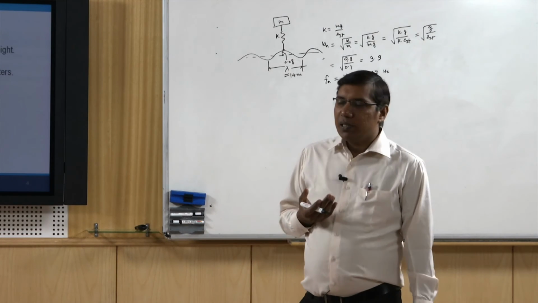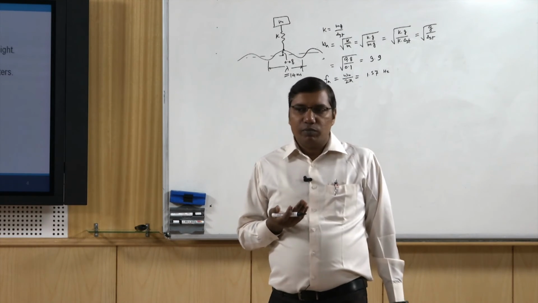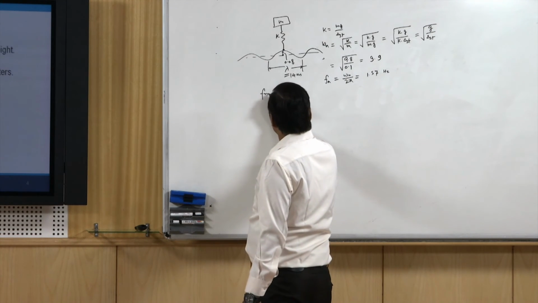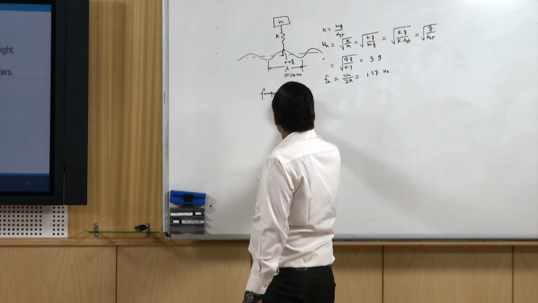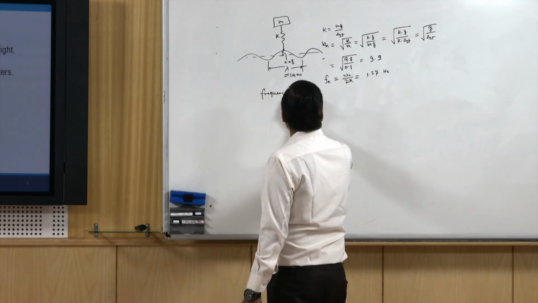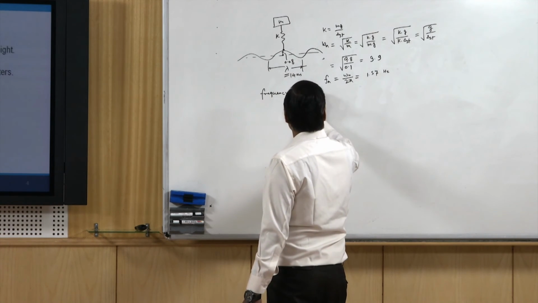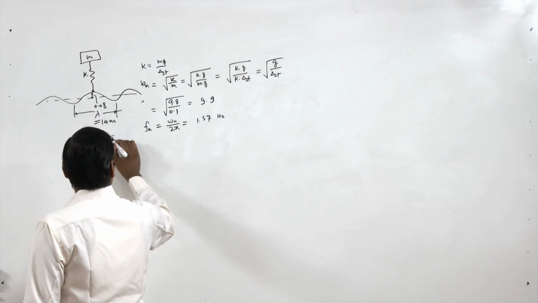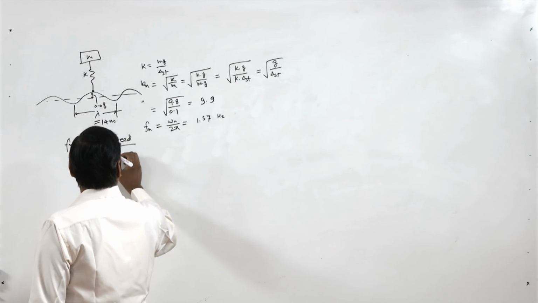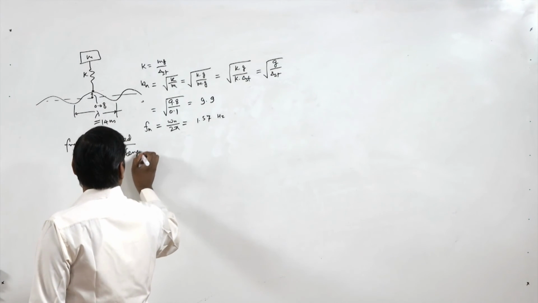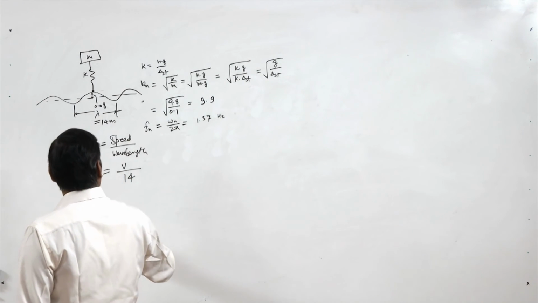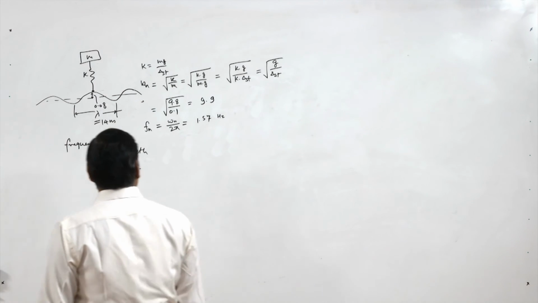Now what will be the excitation that is going from the support? We know that frequency equals the speed upon wavelength. Let's say speed is v and wavelength is 14. So this is the frequency f.